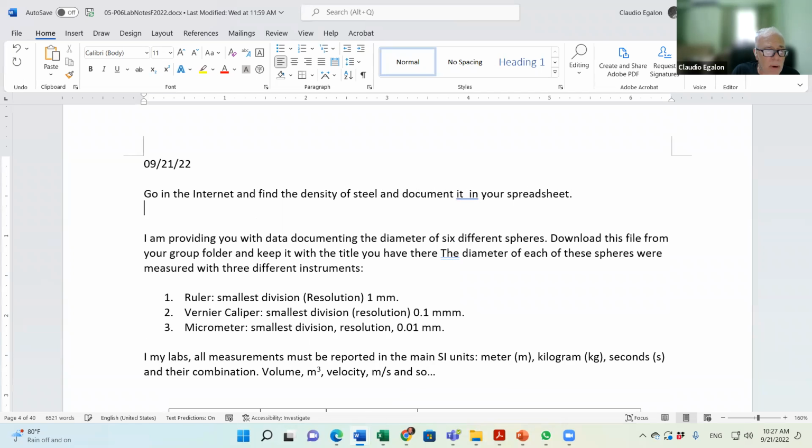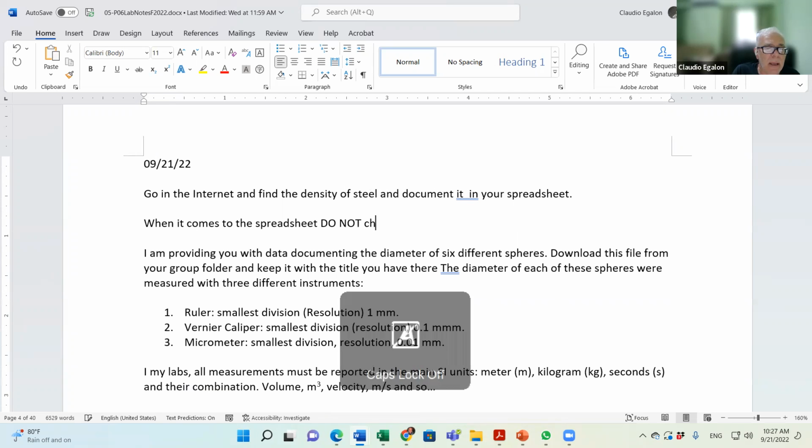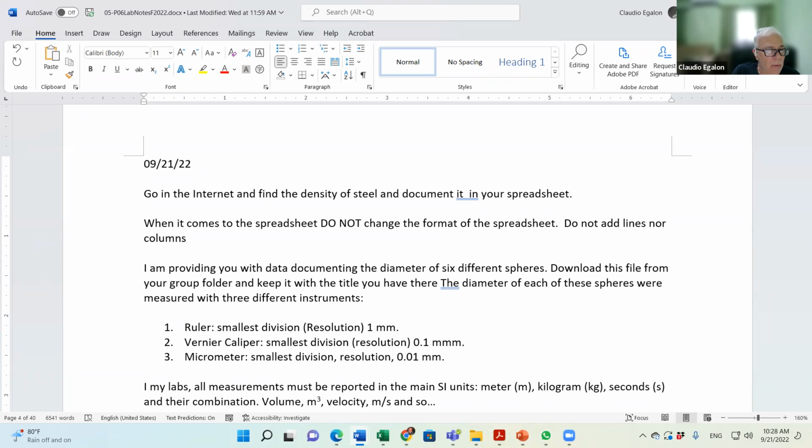When it comes to the spreadsheet, please do not change anything. Do not change the format of the spreadsheet, okay? Do not add lines nor columns.